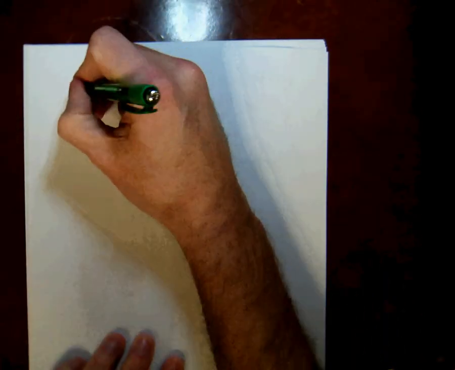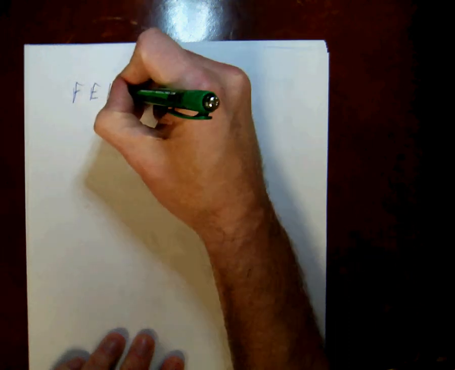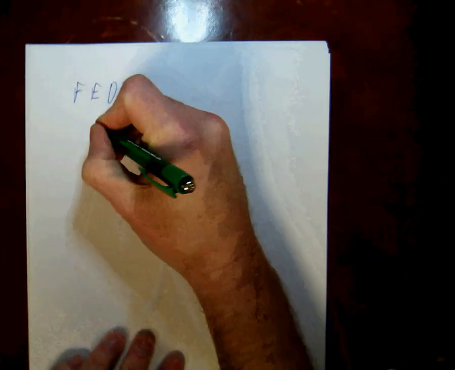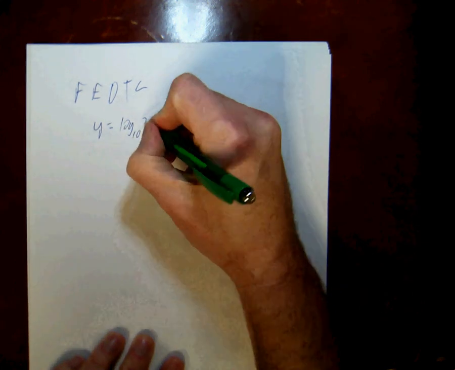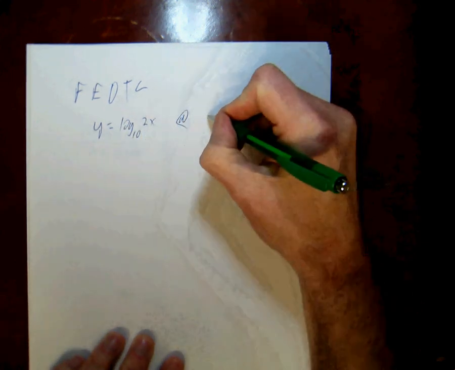Next question. Find the equation of the tangent line. This time it's going to be y is equal to log base 10 of 2x at the point 5, 1.